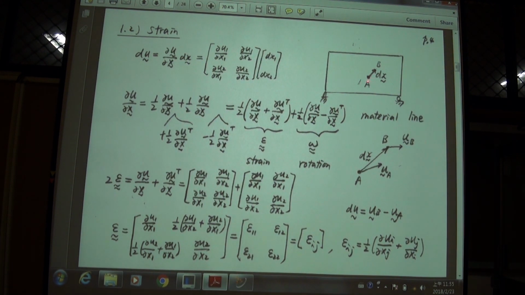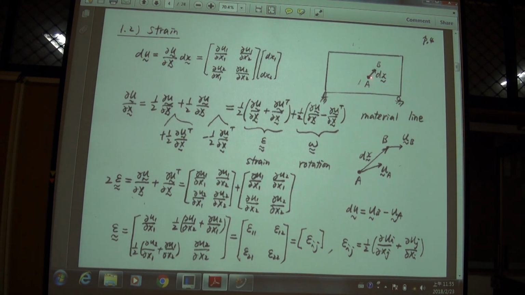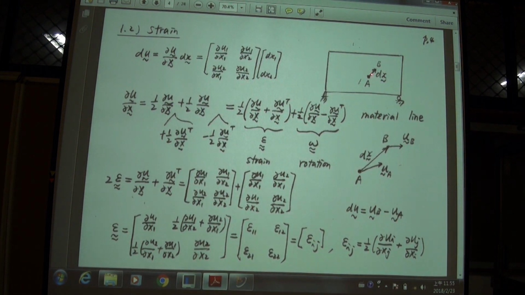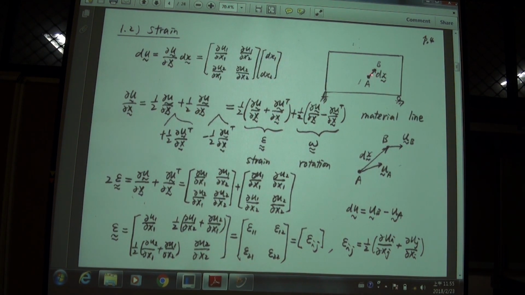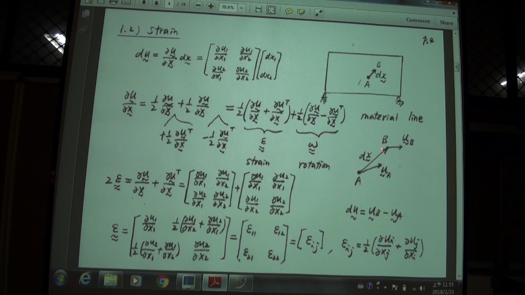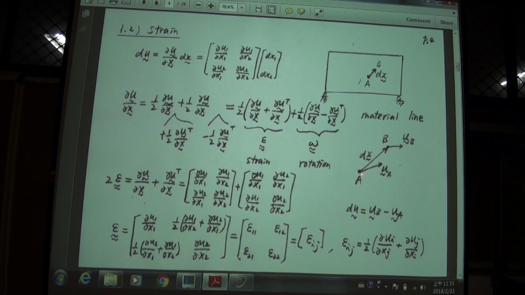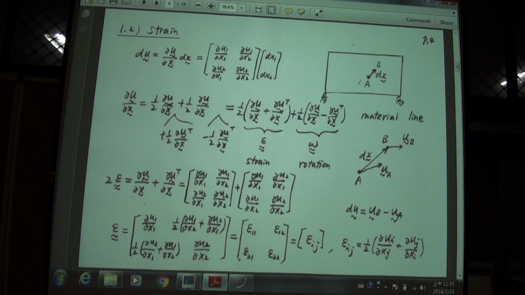So point A and point B will have displacements, but the displacements won't be the same. See, point A and point B will have different directions of displacement. This is UB, this is UA. So since the displacements at these two points are different, we have a non-zero du.